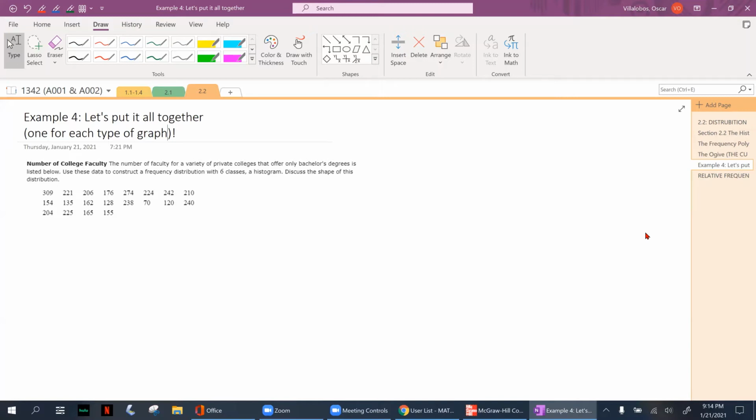So this is the part, example 4, where we put everything together. The number of faculty for a variety of private colleges that offer only bachelor's degrees is listed below. Of course, whenever I give you this on the test, you're not going to get ridiculous numbers like we got in 2.1. I think in 2.1 we had 10,578 for one value, and values in the 10,000, and like 20 values.